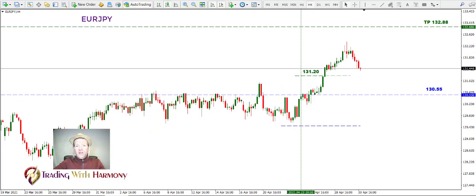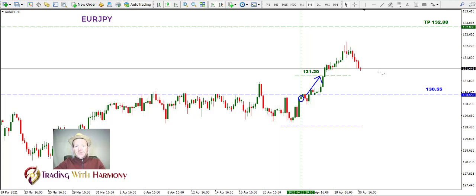Okay then, so last week we finished here at this point, and what we were talking about was looking for price to break this resistance area, which it did. It continued, broke it and went up and hit our TP level, 131.20. So if you're on that, guys, well done.